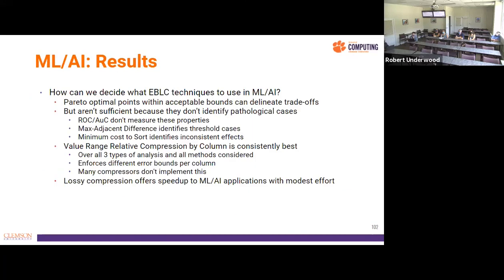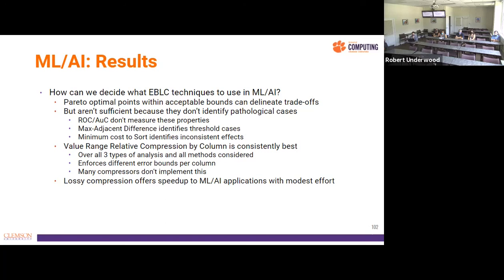So to summarize the results from this section, how do we decide what error-bounded lossy compression techniques to apply in machine learning and AI? I would argue that Pareto points, the scheme that I described for determining the optimal points, indicate that error-bounded lossy compression represents an optimal trade-off between the quality of the data that's preserved and the size.